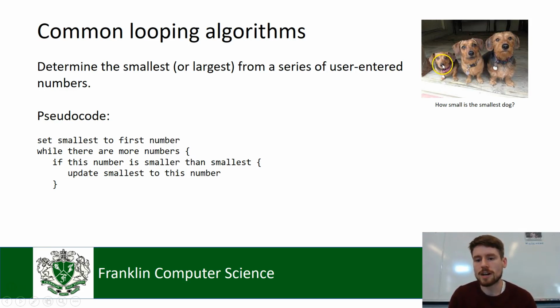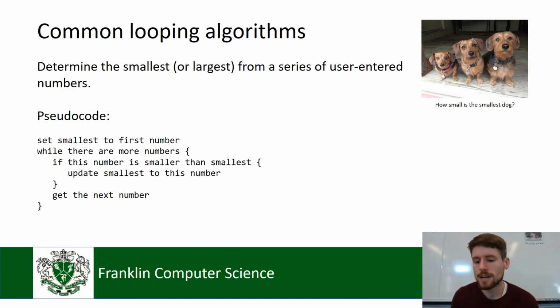So the third dog ends up being the smallest one. So this loop runs. We've got to keep getting numbers. And then once you've gotten all the numbers, at the end of the loop, you're guaranteed to have the smallest holding the smallest number. So that's the basic algorithm for determining the smallest out of a series of numbers.